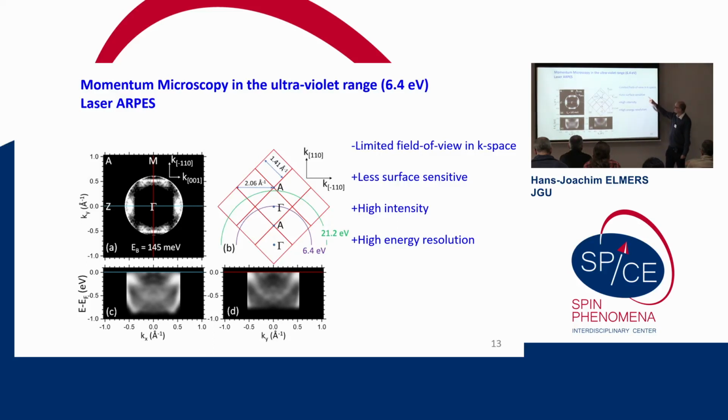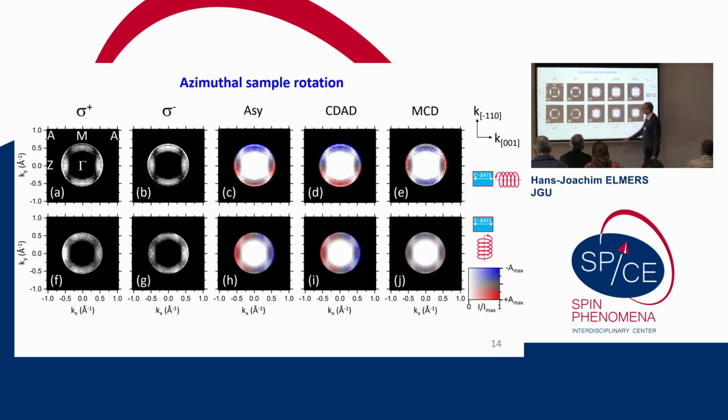The method at 6.4 eV has some advantage against this usually helium lamp excitation that one does in the lab, because it's less surface sensitive, you get a high intensity, and you can have a quite high energy resolution with that. Now we repeated the experiment, also circular dichroism. So we measure the intensity distribution for circular right and circular left. We calculate the asymmetry, so difference of those two divided by the sum. This gives here, again, with the same color code, blue means negative asymmetry, red means positive asymmetry.